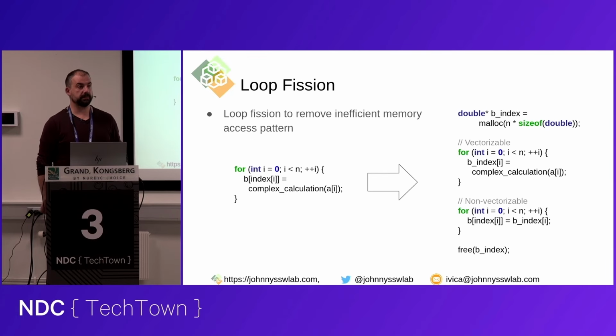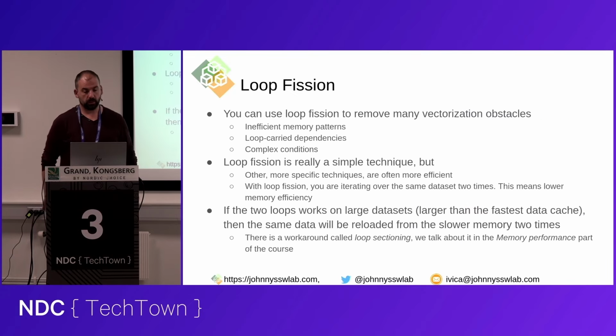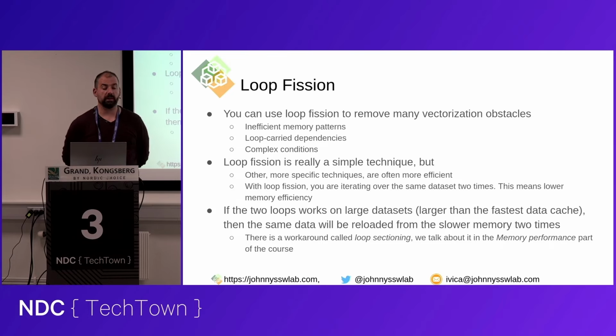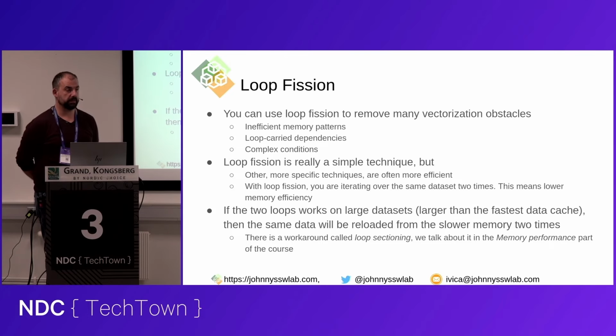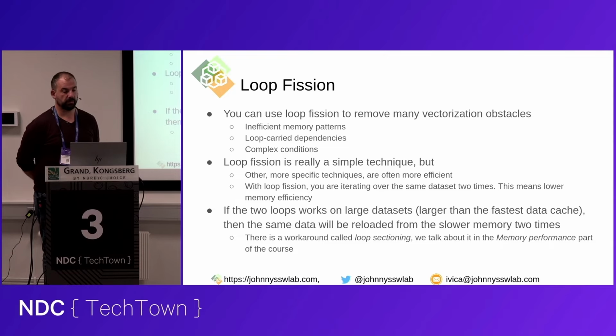Okay, any questions? You can also use loop fission to remove complex conditions. It's a very versatile technique, especially if the loop is big and you have something to remove.